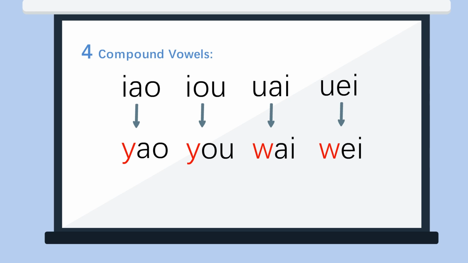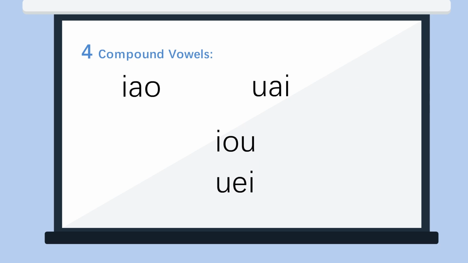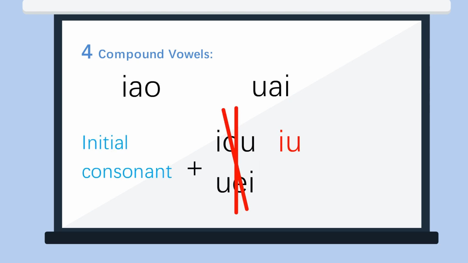Let's read them together. Yao, you, yi, wei. And we also learned that iou and uei are written as iu and ui after an initial consonant.